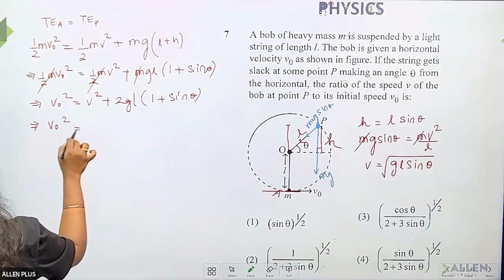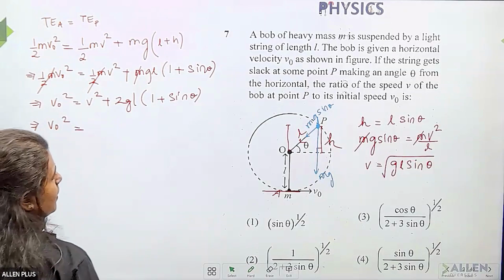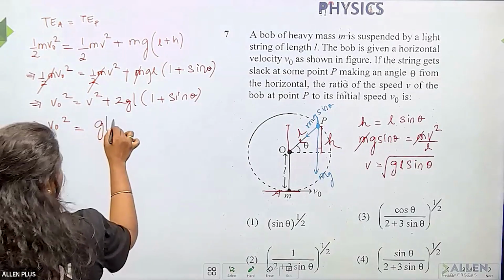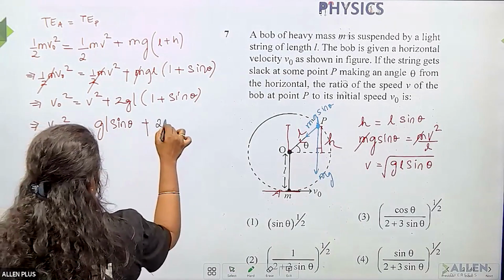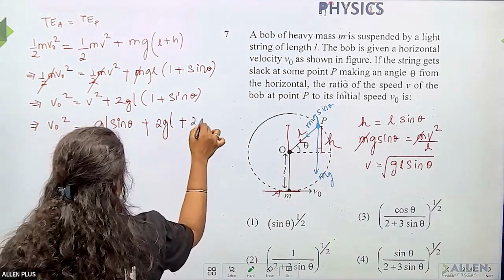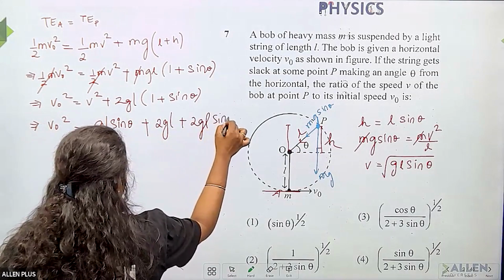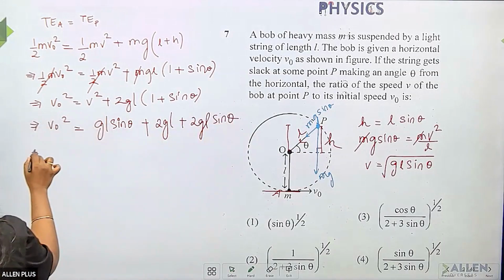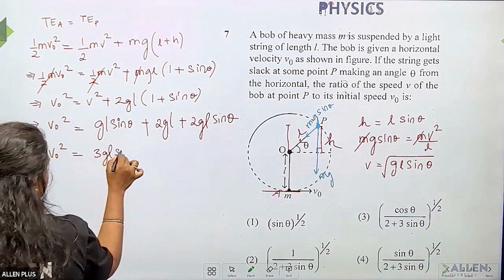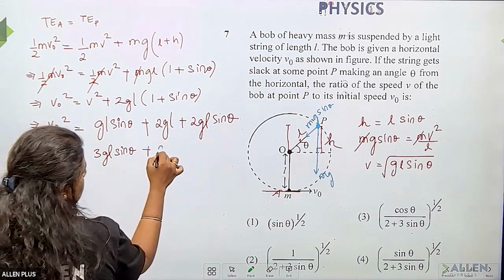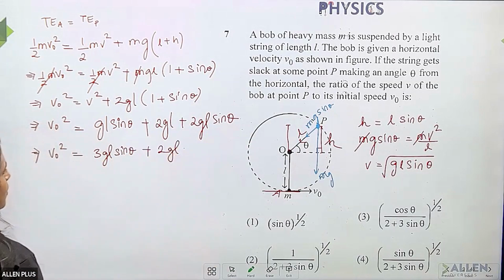V naught square will be equal to GL sine theta plus 2GL plus 2GL sine theta. Or I can say V naught square is equal to 3GL sine theta plus 2GL. Okay, they are asking you the ratio.